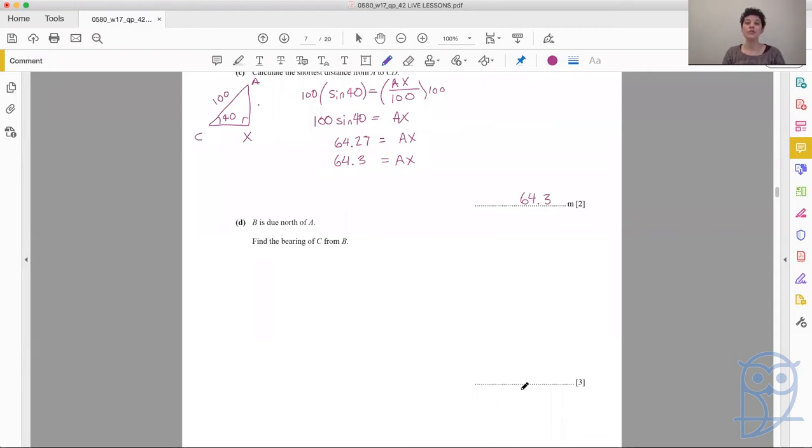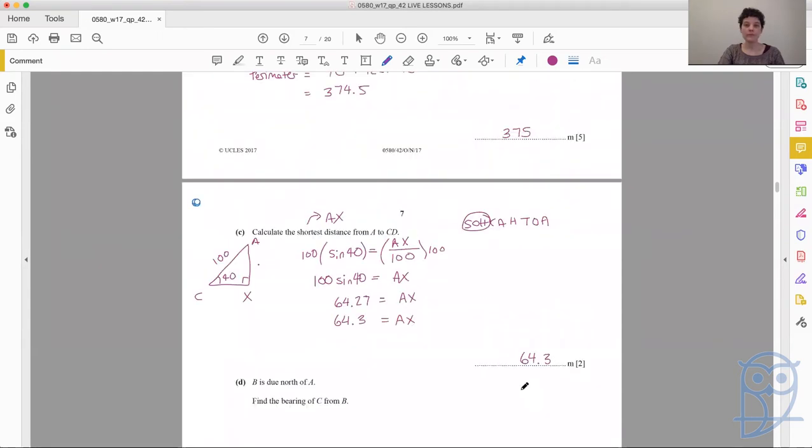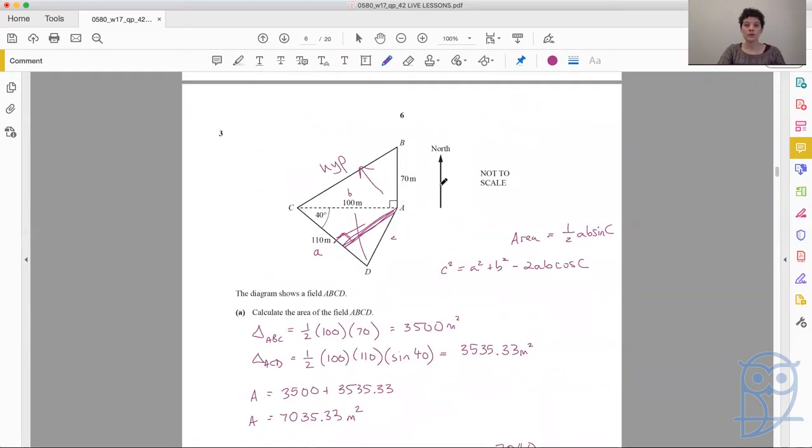B is due north of A. Find the bearing of C from B. So, B is due north from A. Find the bearing of C from B. So, we want that one.